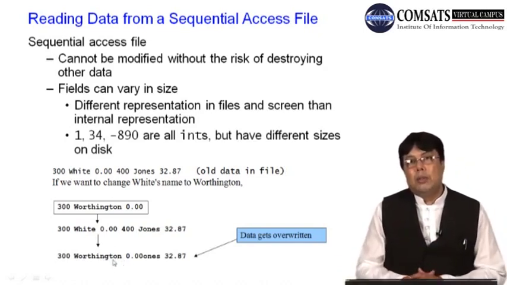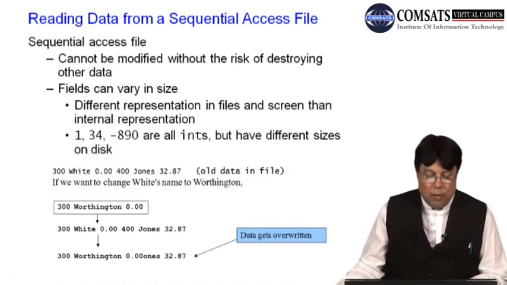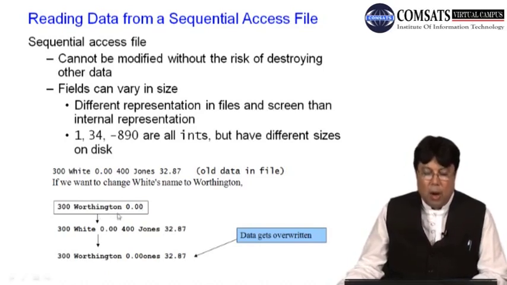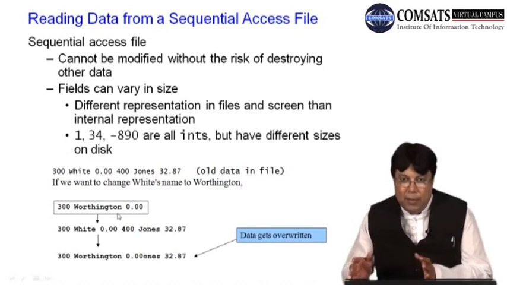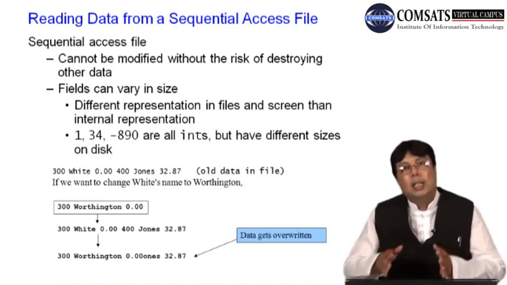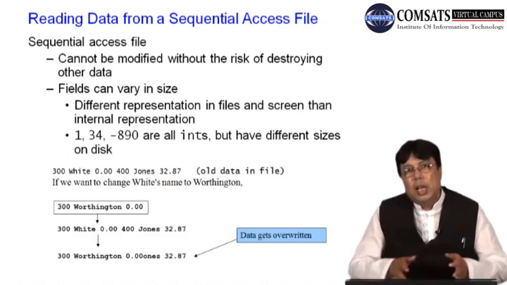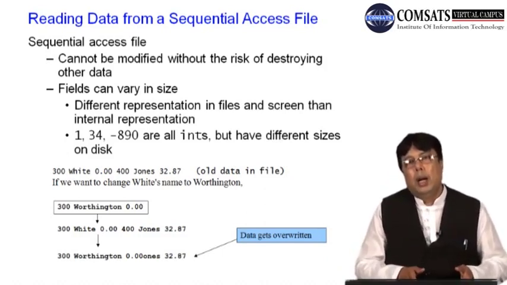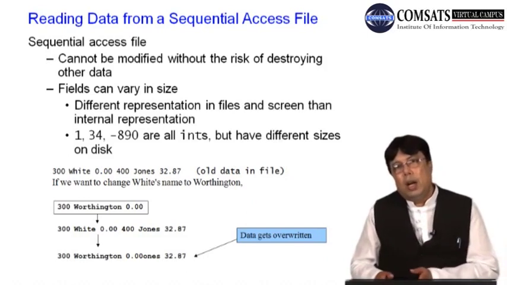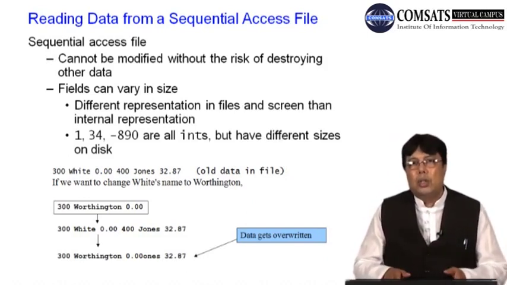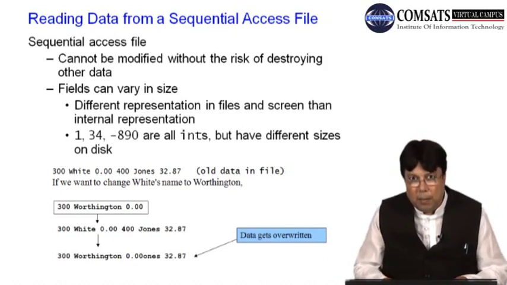Where will these 6 bytes go? These 6 bytes will occupy the space adjacent to these bytes. What will happen? Whatever the next field is, and in our case the next field contains the account balance, these overflown bytes will destroy the account balance. It means they will destroy, disturb and corrupt the data.